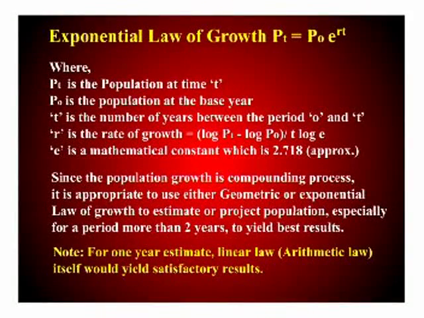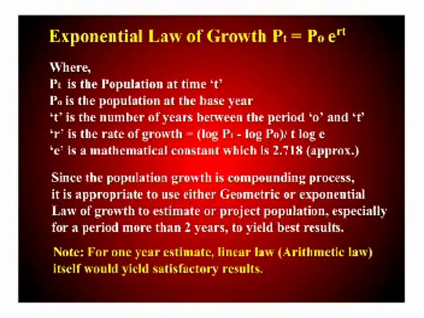Both the geometric and exponential form assume a compounding process in the growth of population. The third important population growth model is Pt equal to P0 e power Rt, where Pt is the population at the time t, that is the population to be estimated. P0 is the population at base year.